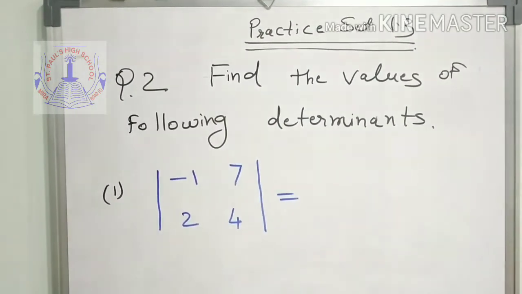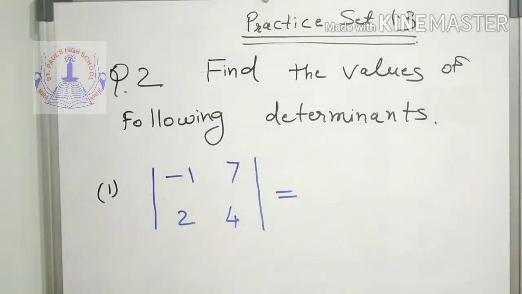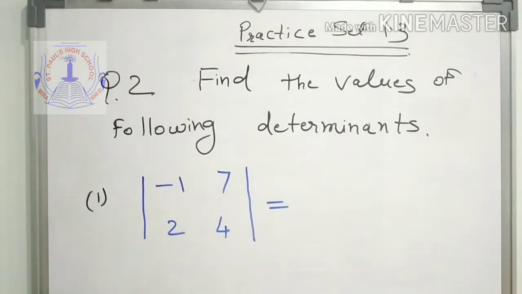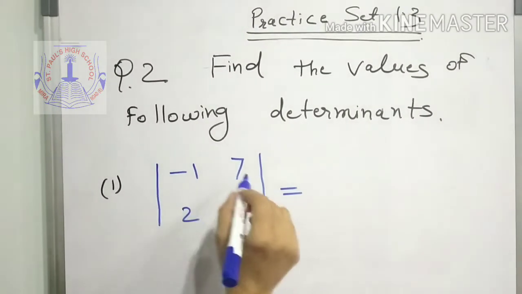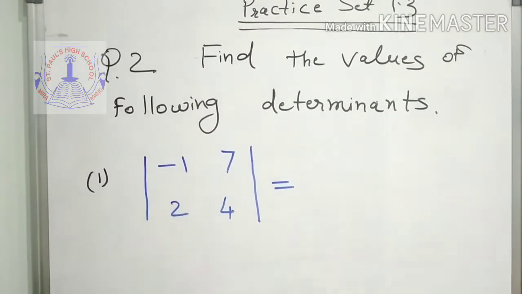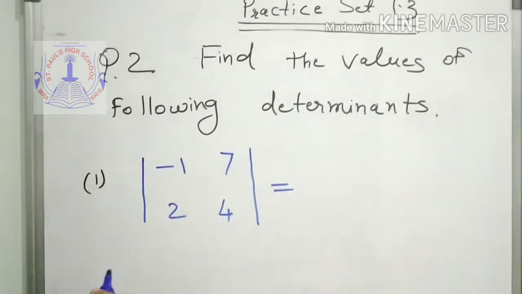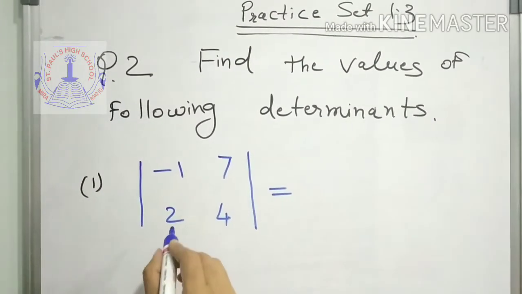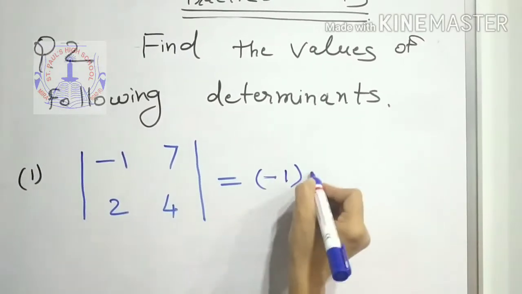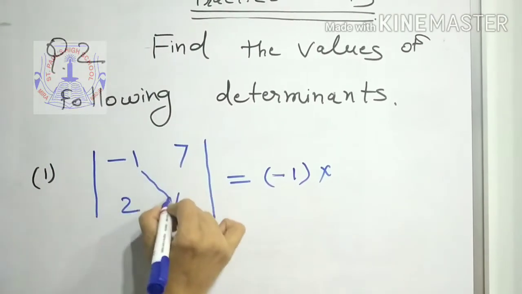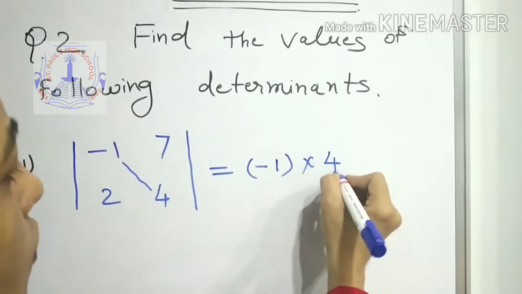Question number 2. Find the values of the following determinants. In that I am doing question number 1. The determinant is minus 1, 7, 2, 4. We need to find the value. So as I said earlier, we have to do cross multiplication. Minus 1 is multiplied with 4.